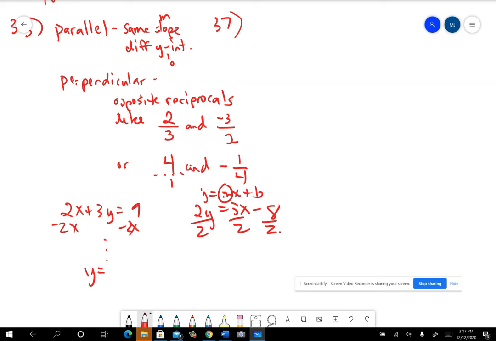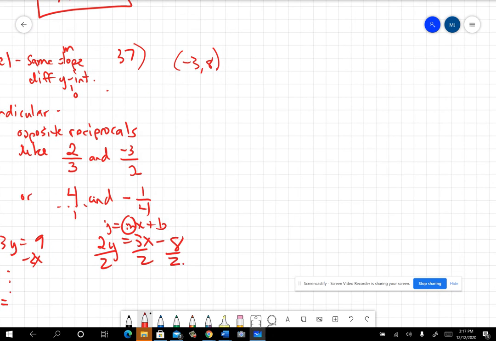All right, and then let's finish chapter 3 by looking at how to write the equation of a line through the point -3, 8 that's perpendicular to -3x plus 4y equals -23. Let me write that better.